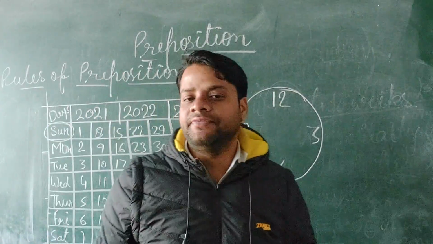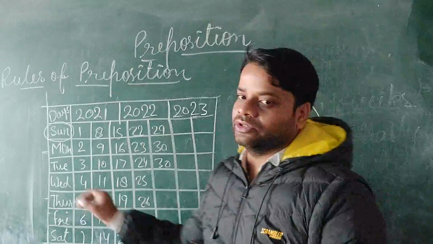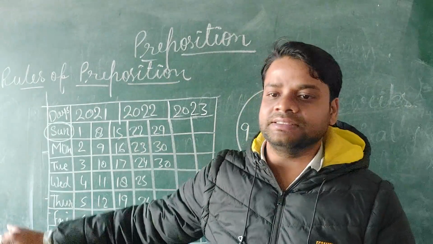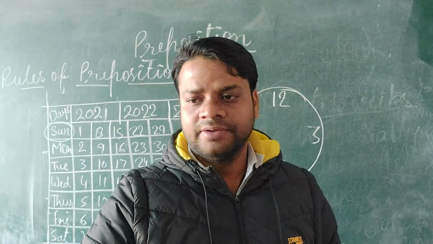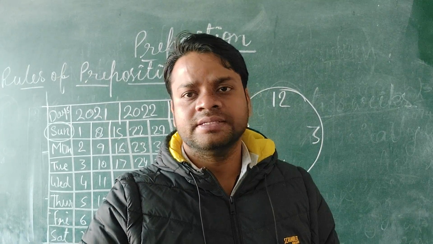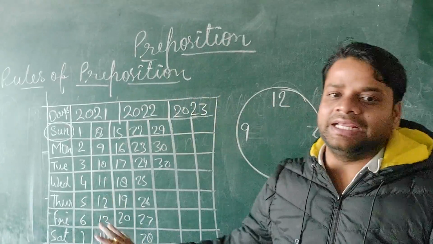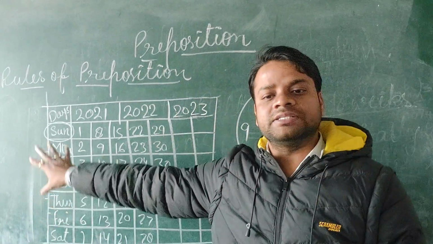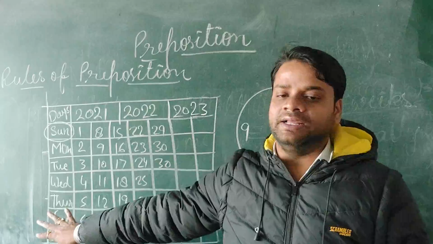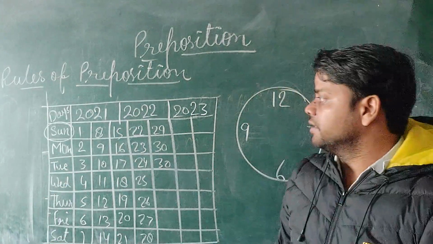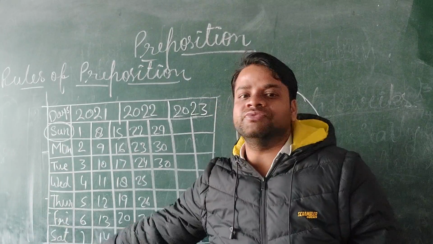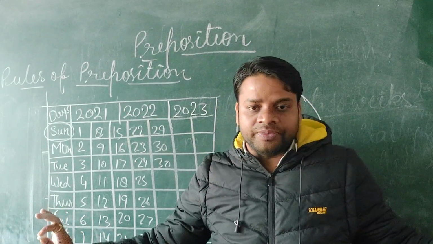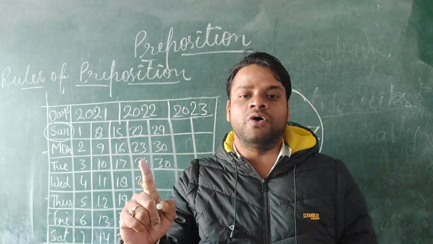There are 7 days in a week, so you can use since Sunday, since Monday, since Tuesday, since Friday, Wednesday, Saturday. All these days are very clear in a week. Now if we talk about 2 days, tell me which 2 days we are talking about. Not sure, so there we will use for.